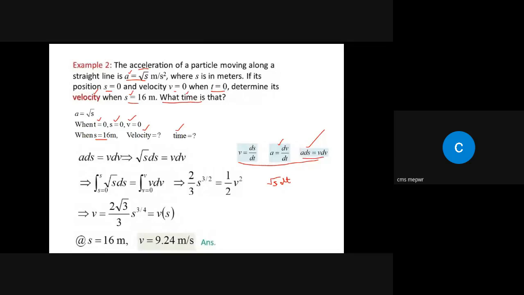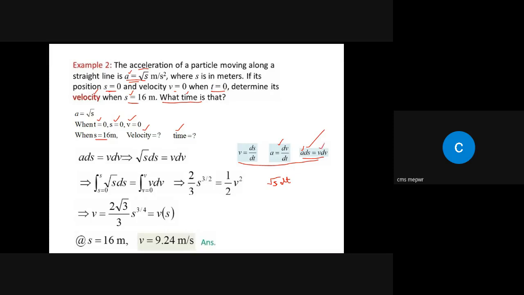In this one, if I put a as square root s, a is equal to square root s, and that will be equal to v dv. In that case, when I put the limits, s is equal to 16 and s is equal to 0, I will be in a position to find out this velocity.